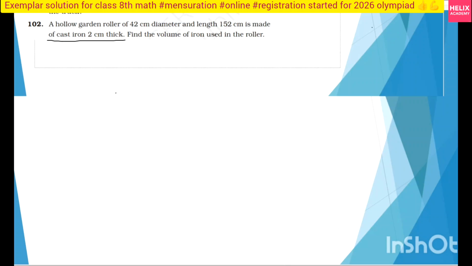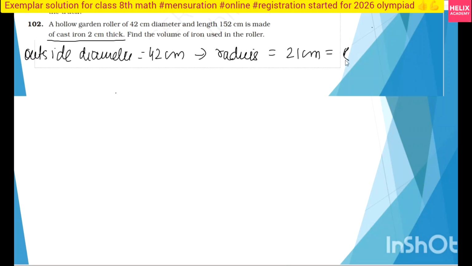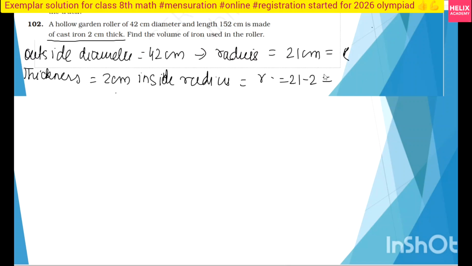Now first I will write the dimensions. Outside diameter is equal to 42 centimeter. So the radius will be how much? Divided by 2, it becomes 21 centimeter. This is capital R. Now thickness is 2 centimeter, so the inside radius, small r, will be 21 minus 2, which is 19 centimeter.